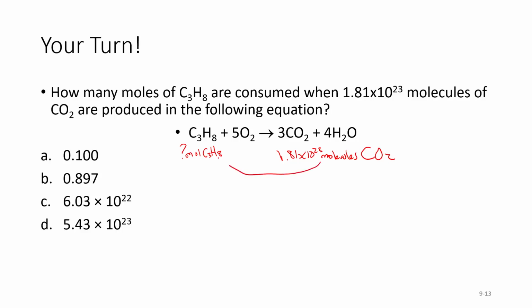So our direction is this direction, and we are going to start with what they give us in the problem. 1.81 times 10 to the 23 molecules CO2. Since we have molecules of CO2 on the top, we're going to have molecules of CO2 on the bottom.